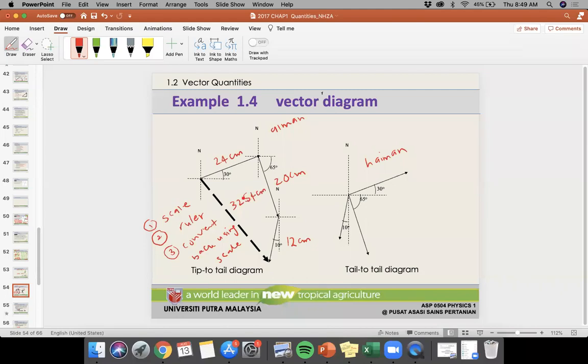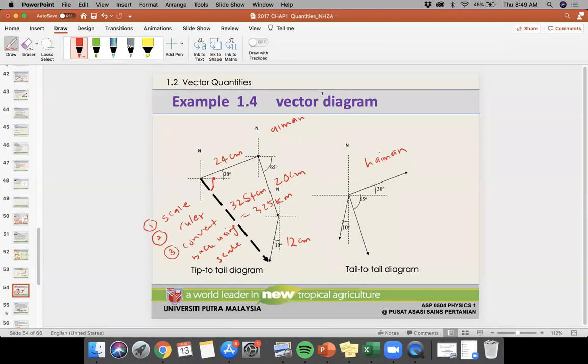I just use my scale and convert it back: 325.46 kilometer. But the geometrical method is not that precise, so maybe you will just get 325. That's fine. You measure with a ruler on the paper, and the angle with a protractor.